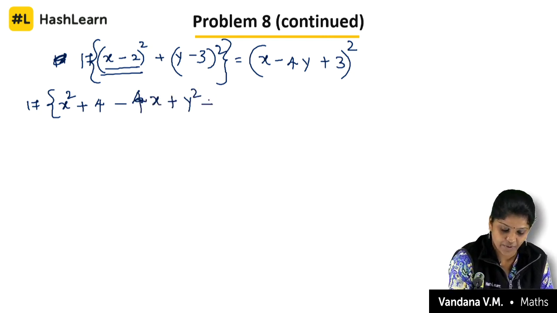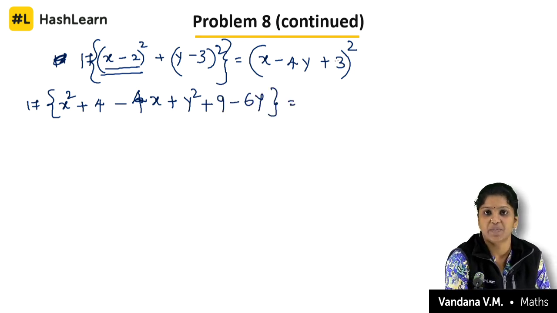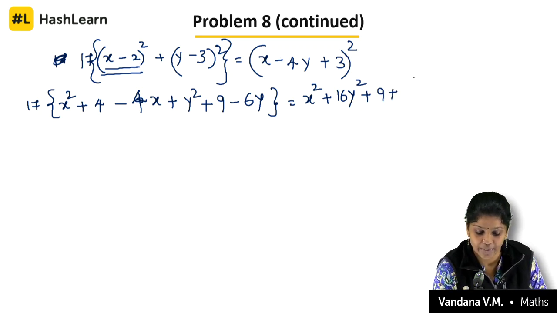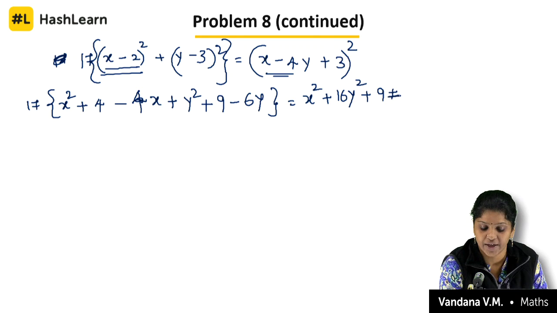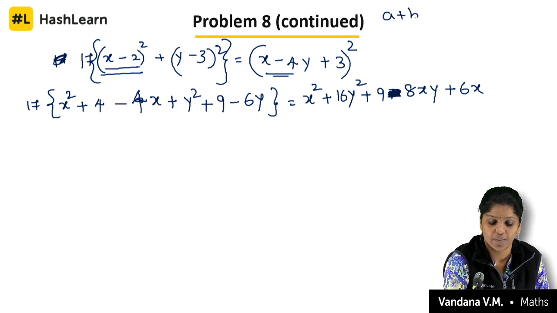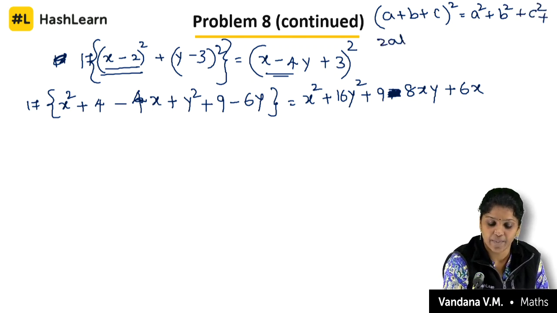And (a plus b plus c) whole square is a square plus b square plus c square plus 2ab plus 2bc plus 2ca.